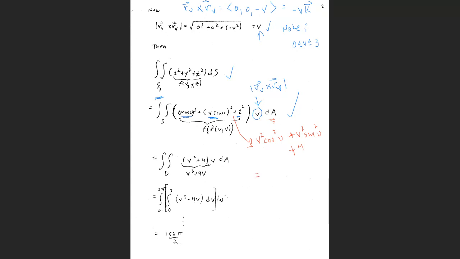That's going to equal v squared times cosine squared u plus sine squared u, plus 4. But cosine squared u plus sine squared u is equal to 1. And so that gets us v squared plus 4. That's how I got that.